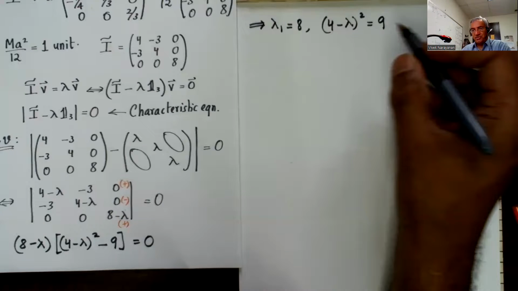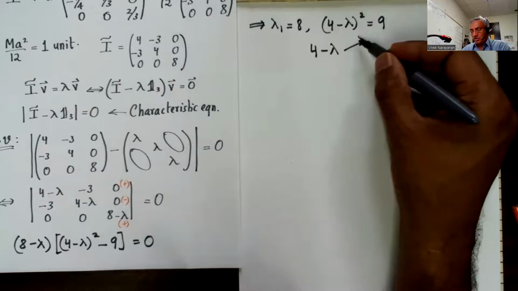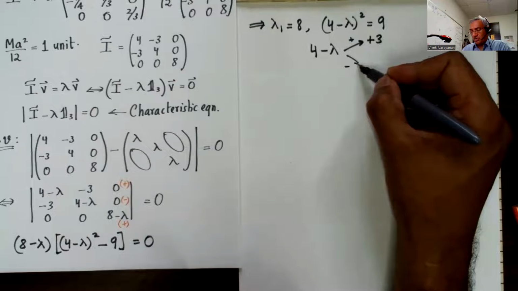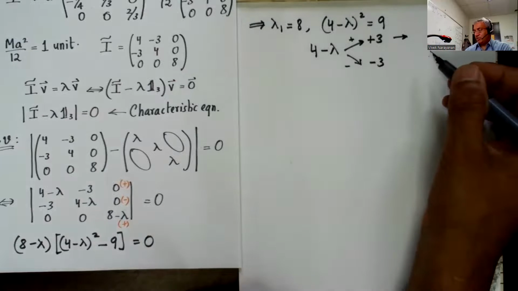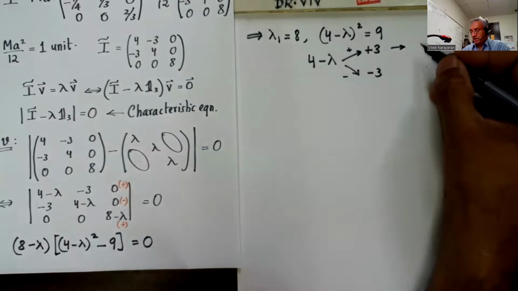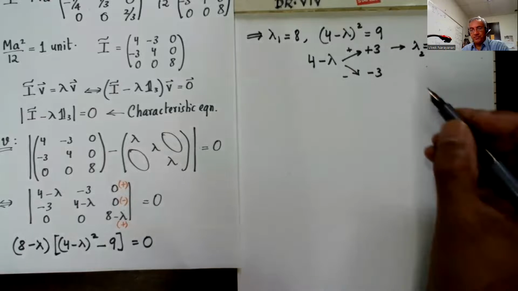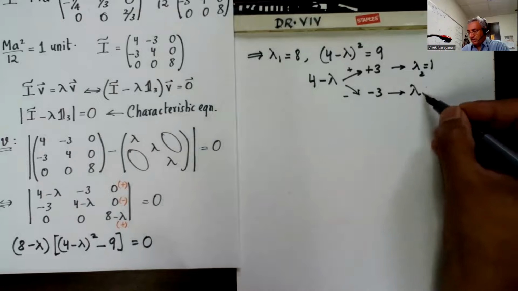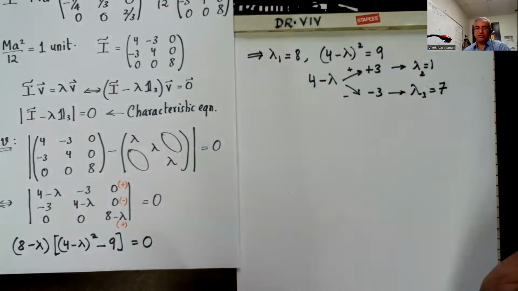which means that 4 minus lambda is either +3 or -3. If 4 minus lambda is +3, then lambda must be equal to 1. Let's call that lambda 2. If 4 minus lambda is -3, then lambda must be 7, because 4 minus 7 is -3.